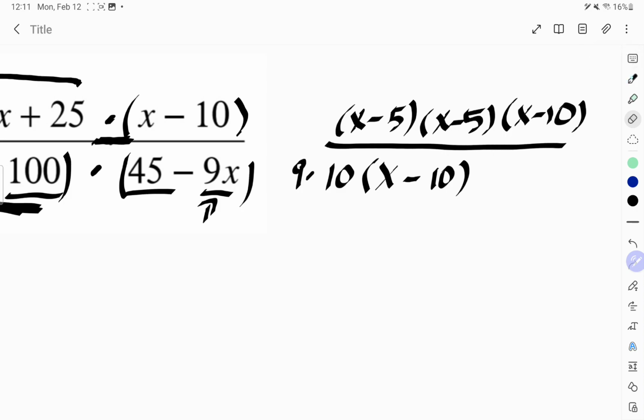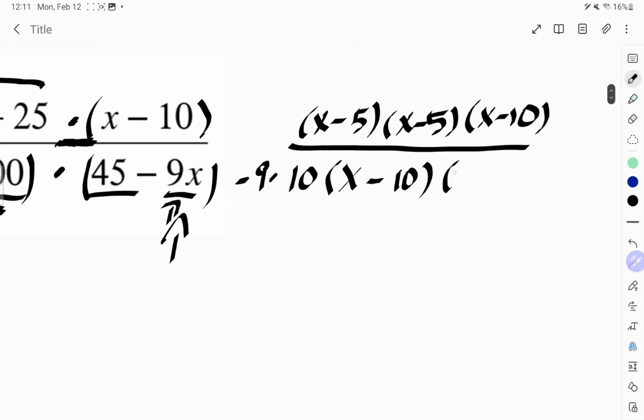This one's a special case: I'm going to factor out a negative 9. The reason is that you see right here, the x is negative. So I'm going to factor out that negative 9 so I can turn the x into a positive, and the 45 is obviously going to turn into a negative. So 9 divided by 9 is just x again, and 45 divided by 9 is 5. And guess what happened?